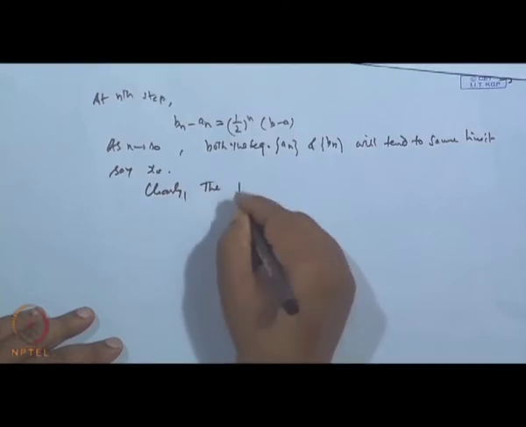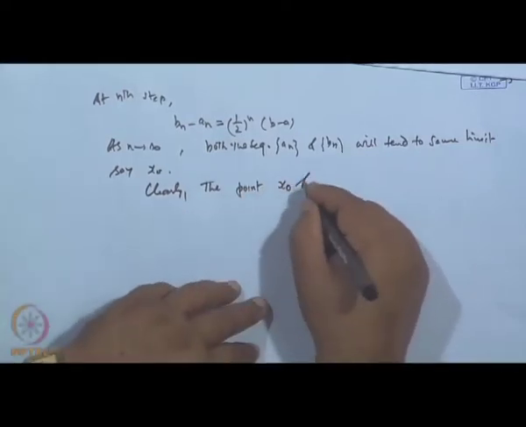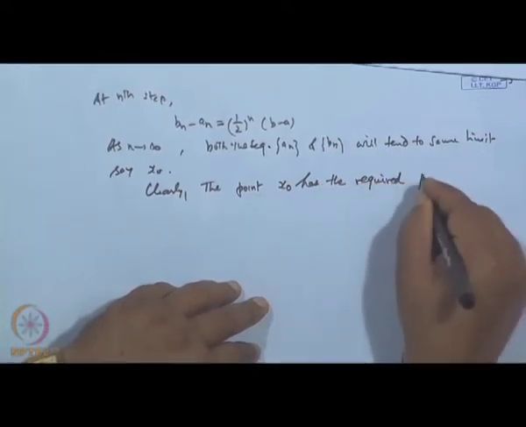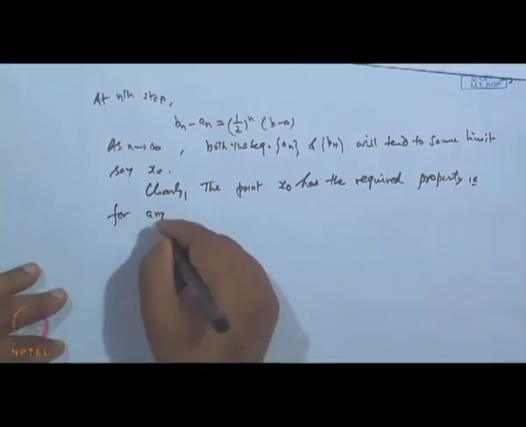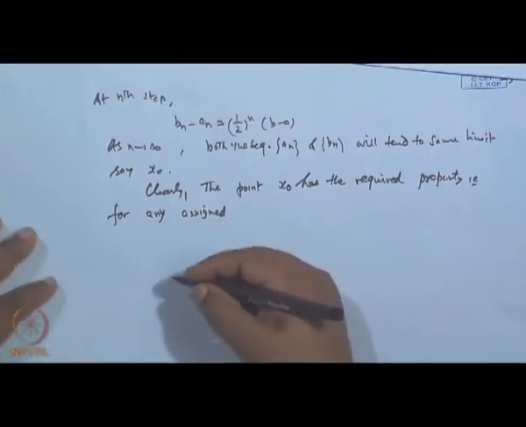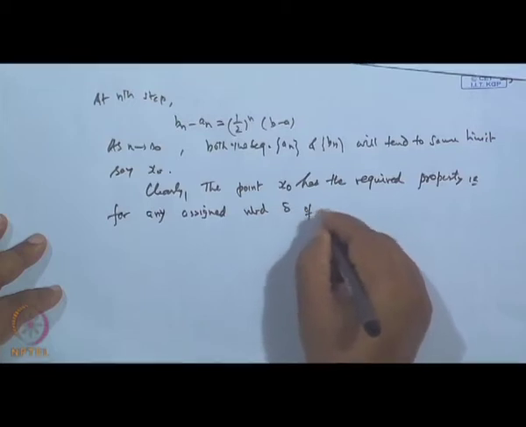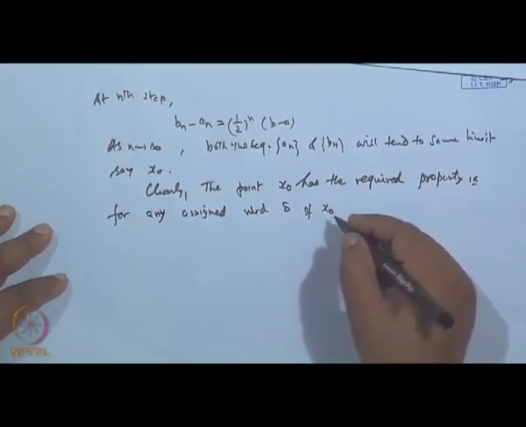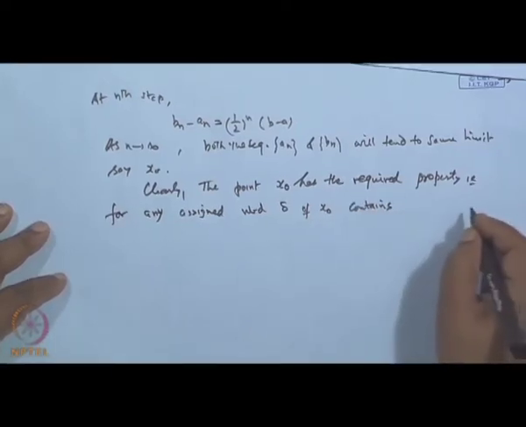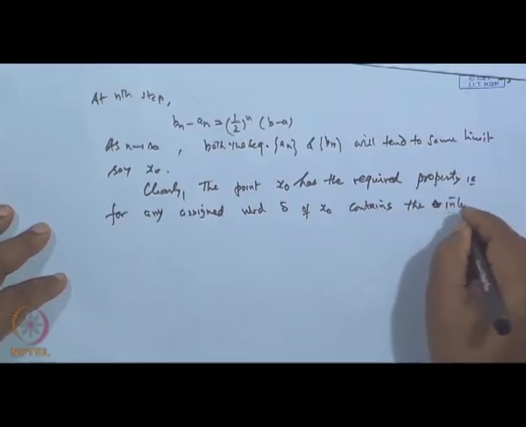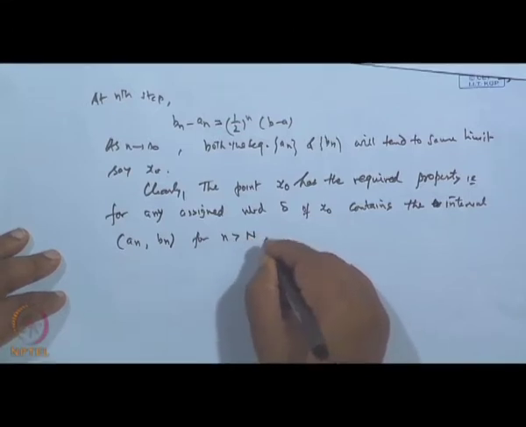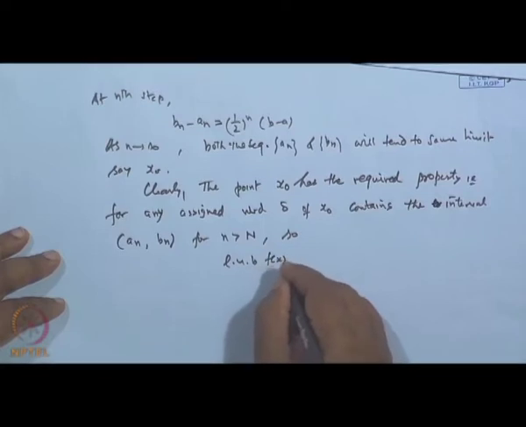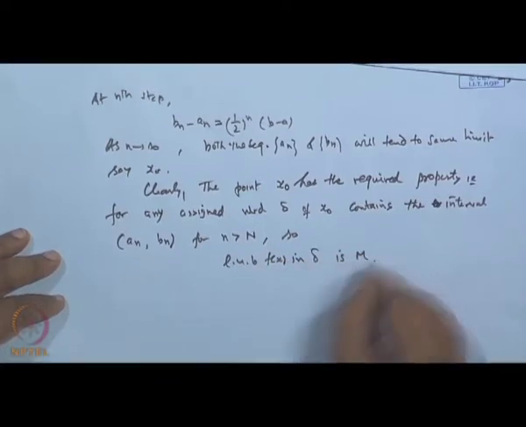Okay. So, the point x naught clearly has the required property, that is, for any neighborhood delta of x naught contains the interval an, bn for large n, so the least upper bound of the function f(x) in delta is M. That is what is proved.